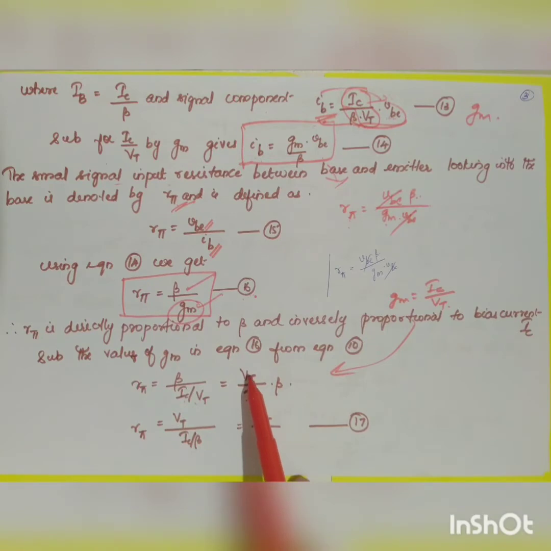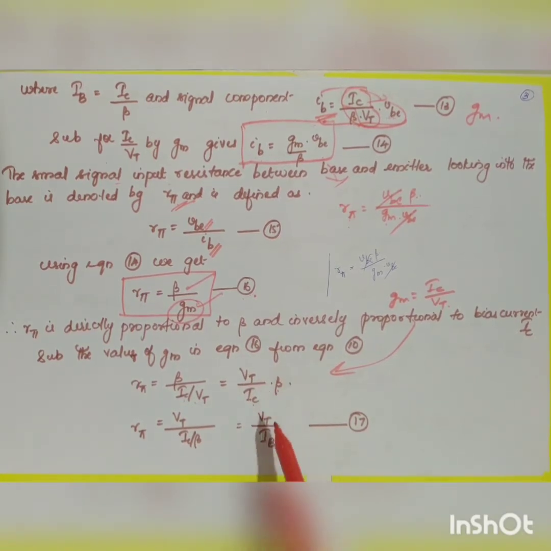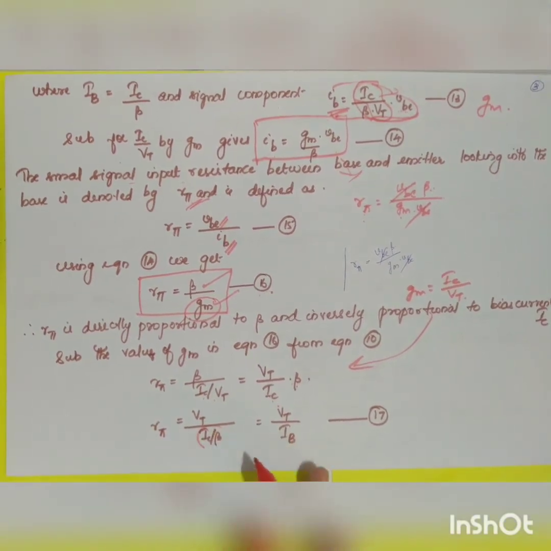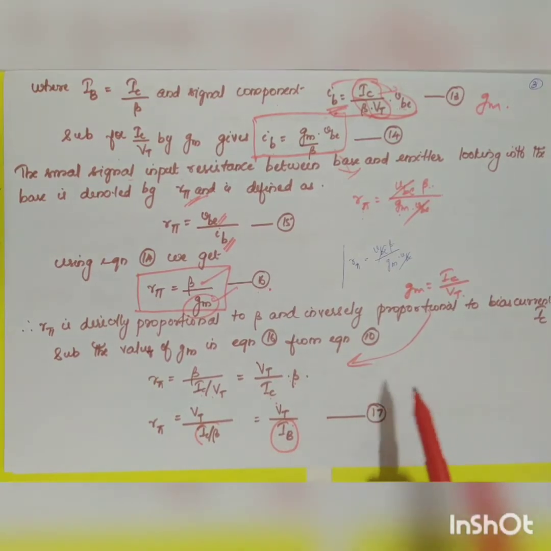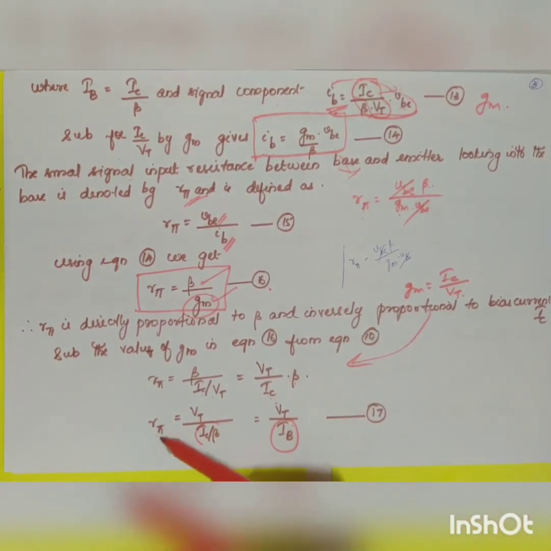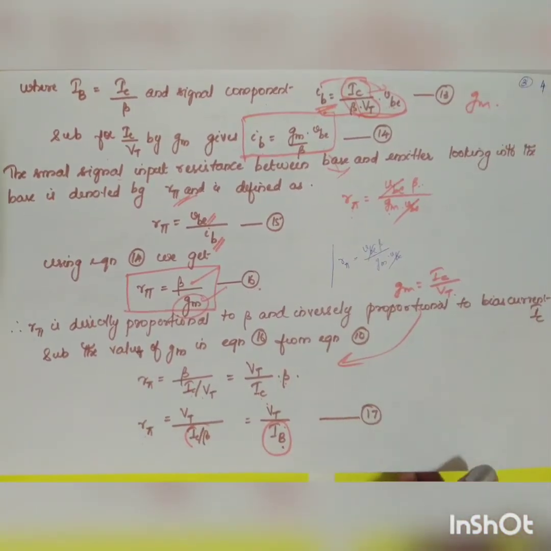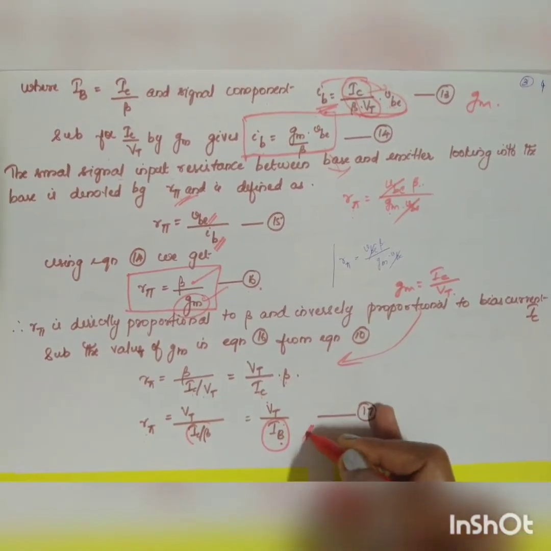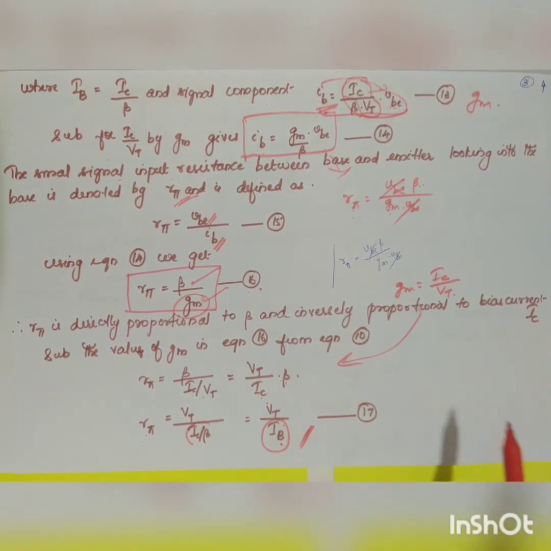Just reconfigure it: VT divided by IC into beta. Now if I take this beta towards the denominator, what is IC by beta? You know that it is capital IB. You can reconfigure the equation as R pi is equal to VT divided by IB also. So these are the different possibilities which can be remembered for your problems. Depending on which parameter value is given, you can solve the problem.